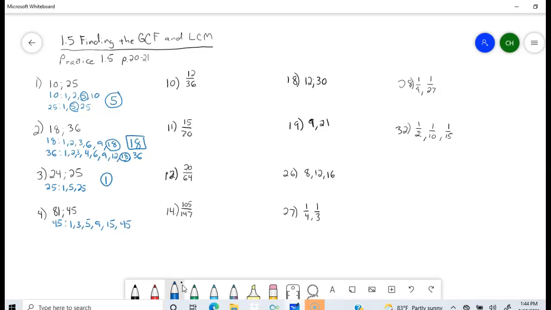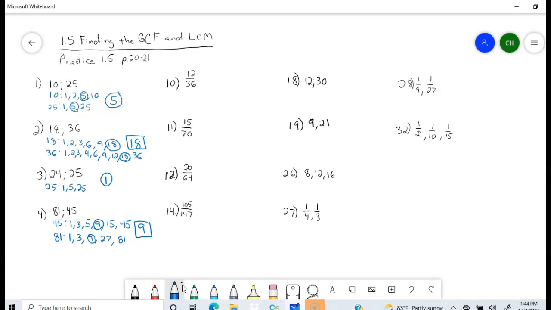Sometimes I'll make mistakes and miss one, but I double check myself to make sure. 81, we've got 1, 3, 9, 27, and 81. The greatest one that they have in common is 9.